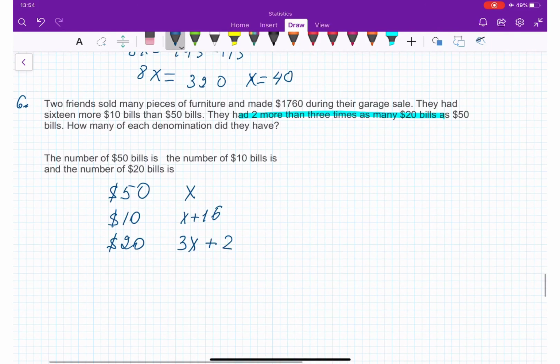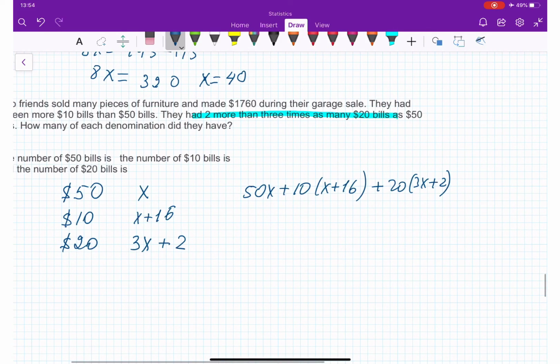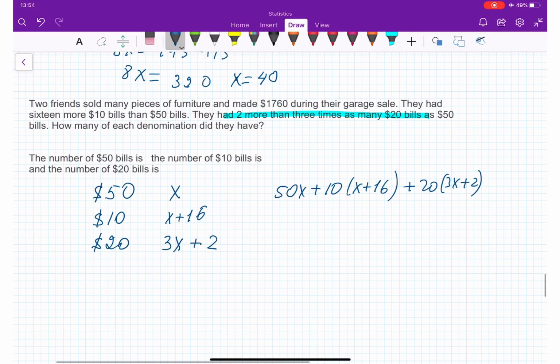Okay? So practically, how much money do we have? With $50 it's 50x. And then we have $10 times (x plus 16), plus $20 times (3x plus 2). And all this is equal to 1,760.